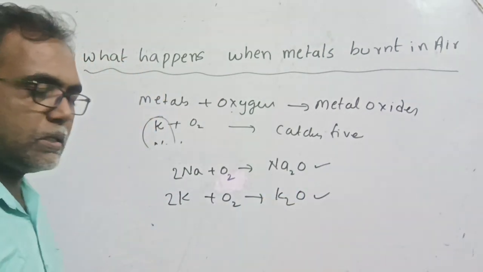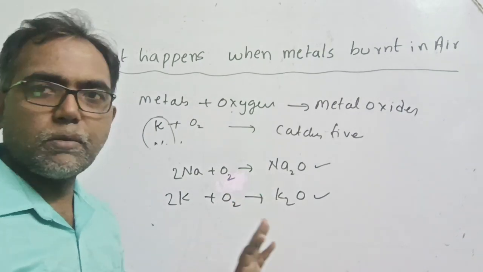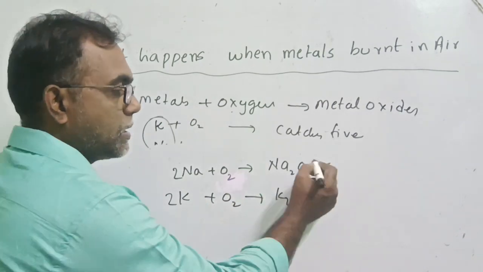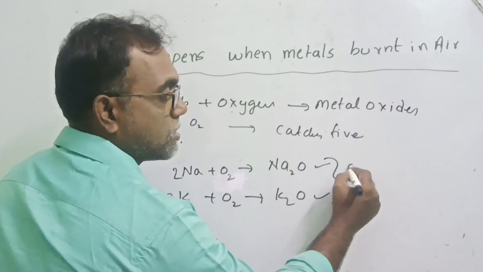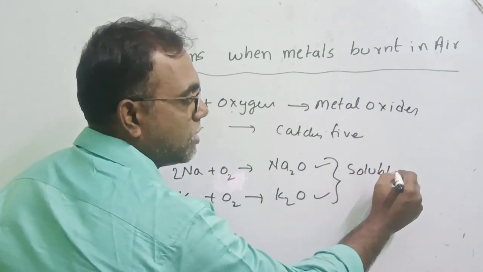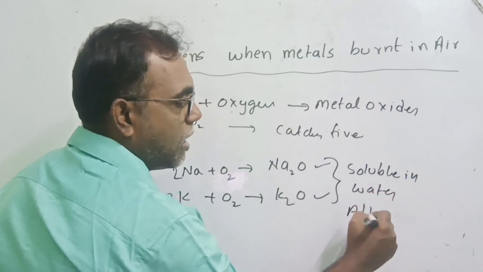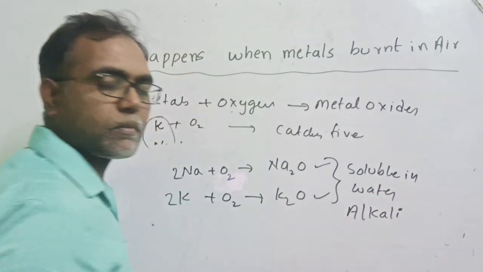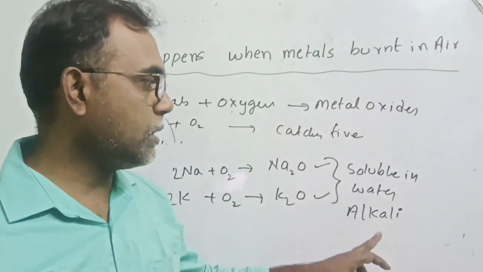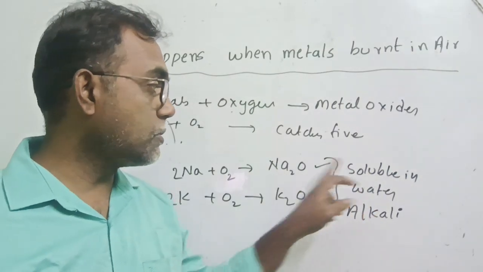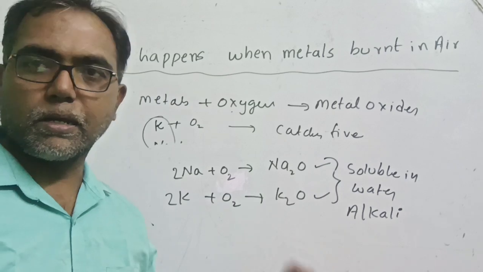Sodium reacts with oxygen to give sodium oxide, and potassium reacts with oxygen to give potassium oxide. These are soluble in water and other oxides are not. Metal oxides which are soluble in water are known as alkali.